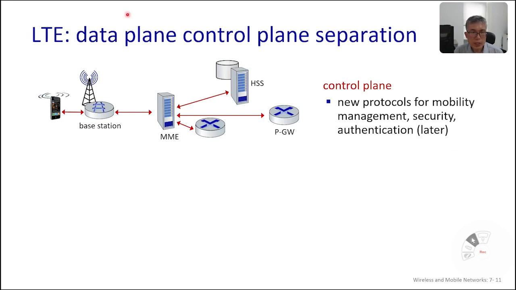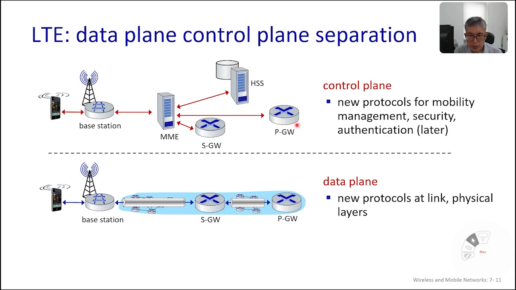LTE data plane and control plane separation. This is the control plane. The HSS, home subscriber service, identifies the mobile user, and the registration information is registered here. The MME is in charge of mobility management, like handover and identification of the mobile device.